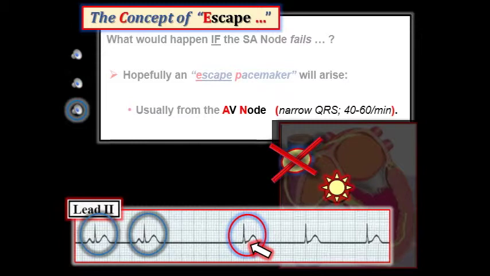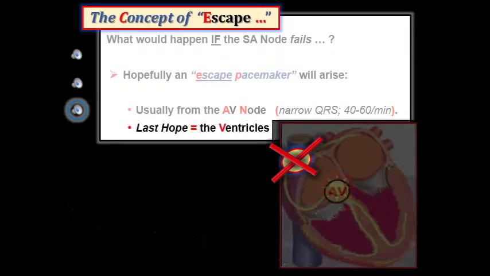But let's get back to basics. What if the AV node also fails? That is, there is no sinus impulse and no AV nodal escape. In this case, the last hope is that a slow idioventricular escape pacemaker may arise to take over the pacemaking function and save the heart from asystole.